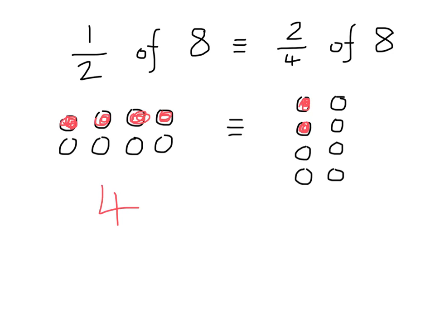Notice I've set up my 2/4 in piles of 4, and I'm now shading in 2 out of every 4 in each column. Again, we're using the mathematical arrays, which we used a lot with multiplication and division. And as you can see, a half of 8 is the same value, different appearance, to 2/4 of 8.